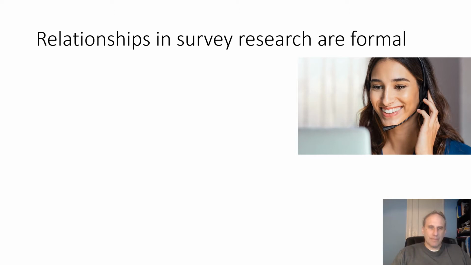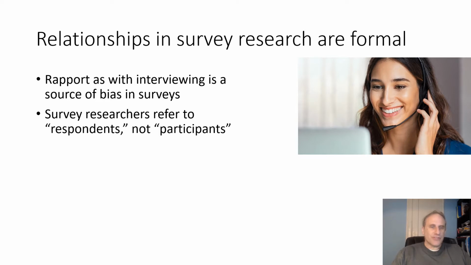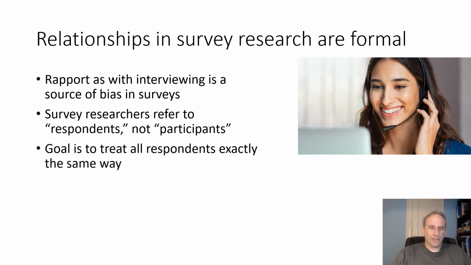Relationships established during a survey are formal. The rapport is very different from interviewing, since rapport that makes you feel friends with the person you're surveying could be itself a source of bias in a survey. Survey researchers refer to respondents, not participants as interviewers often do.